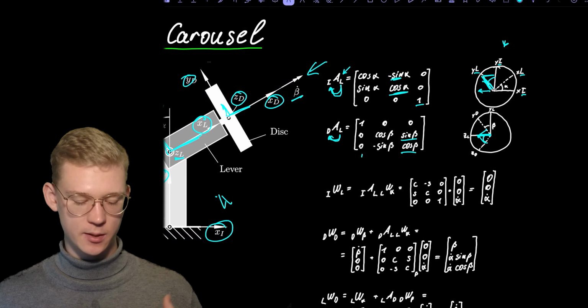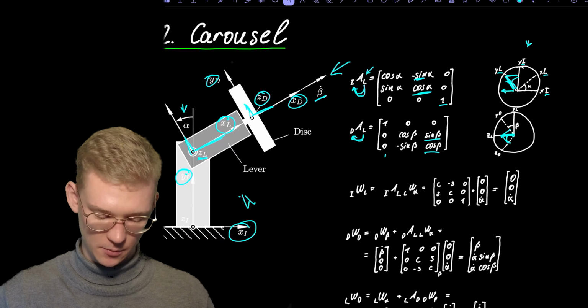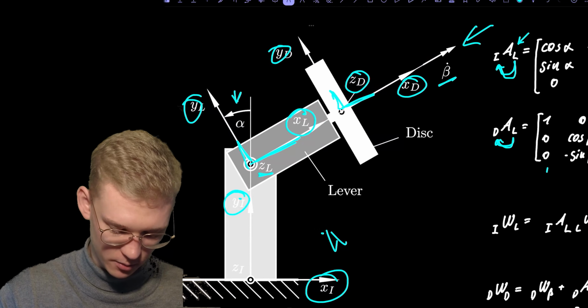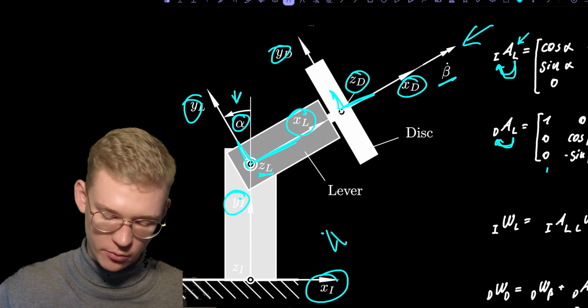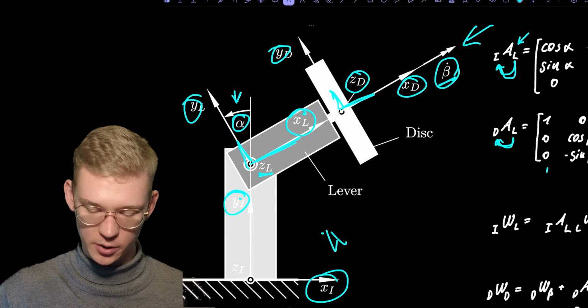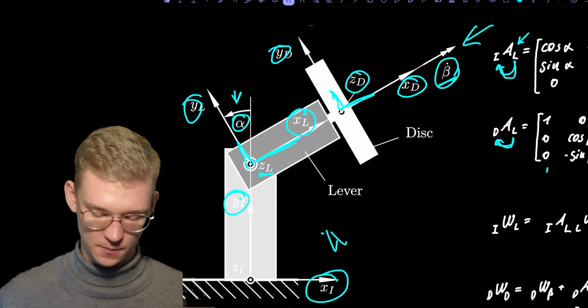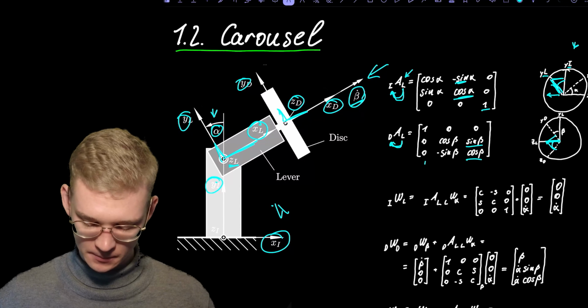Now we're interested in the angular velocities, because we know that the coordinate system L is turning around Z with alpha dot, and we know that the coordinate system D is turning around X with beta dot.